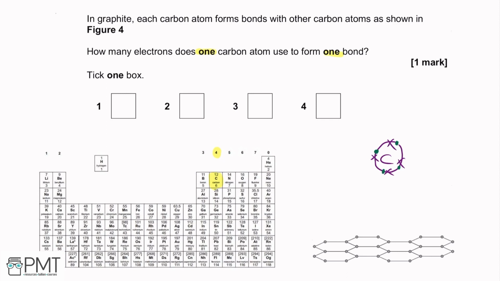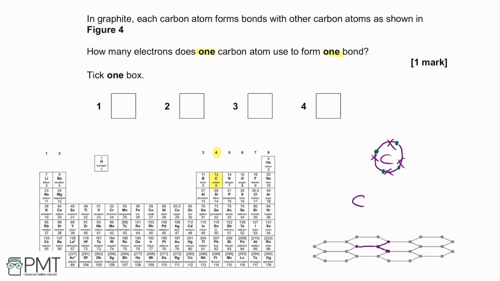Now, if we look on figure 4 at graphite, I've just shown a little snippet of this below, we can see that if I pick, say, this carbon, it's bonded to this carbon, it's bonded to this carbon, and it's bonded to this carbon. So that carbon is bonded to 3 other carbons as covalent bonds.